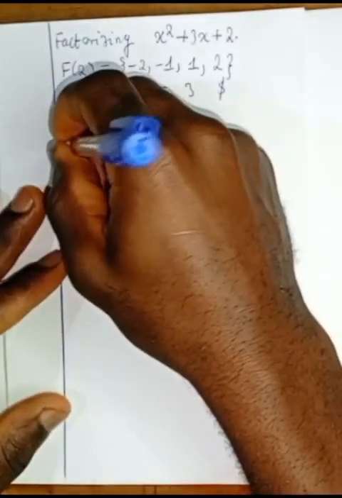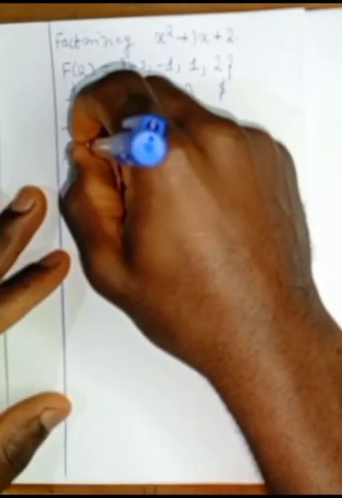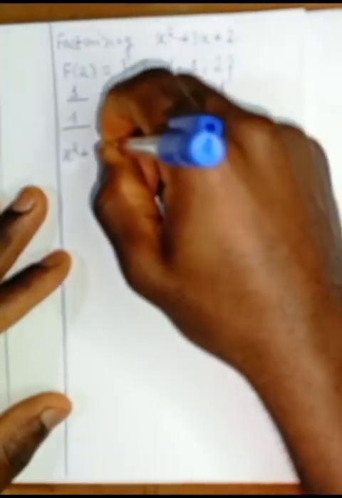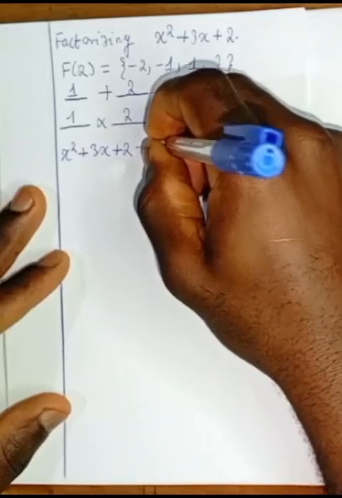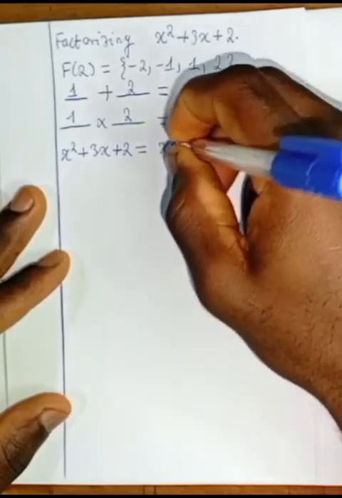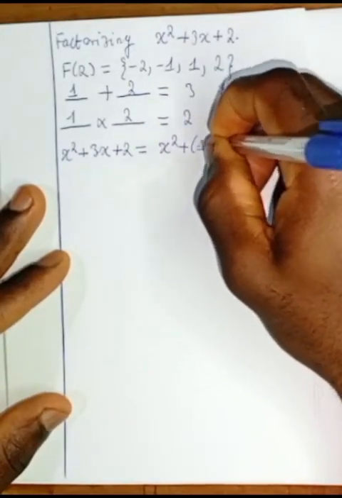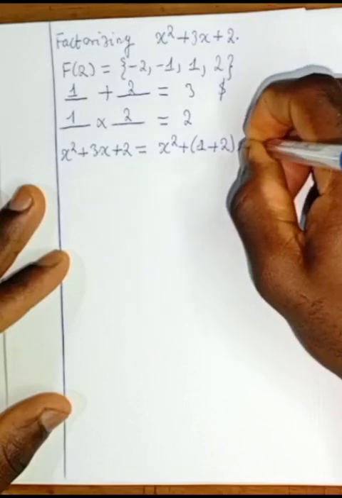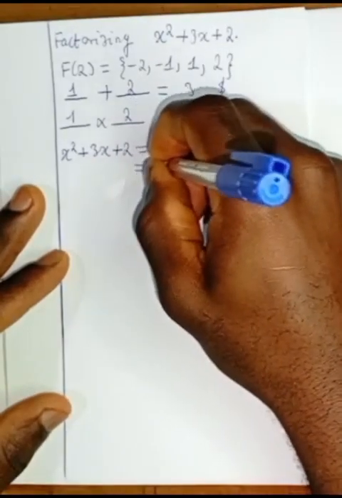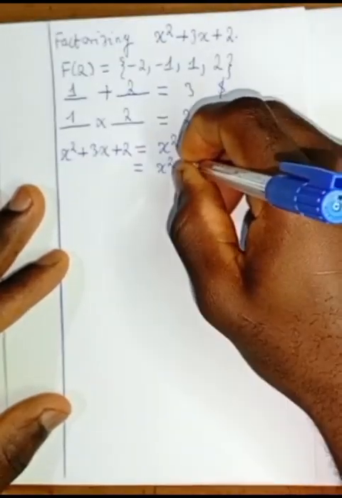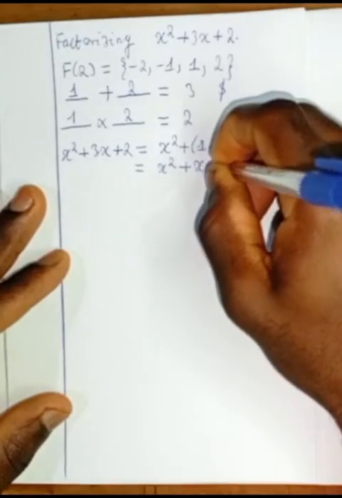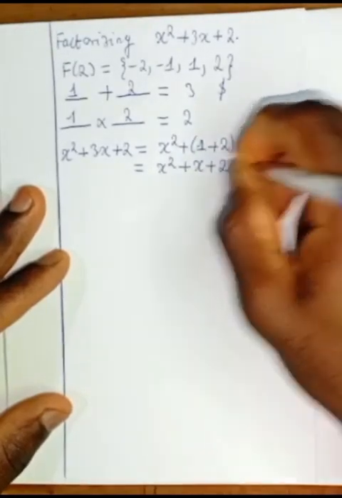It therefore means x squared plus 3x plus 2 is the same as x squared plus, we replace 3 with 1 plus 2, times x plus 2. So this will give us x squared plus 1 times x gives x, plus 2 times x gives 2x, plus 2.